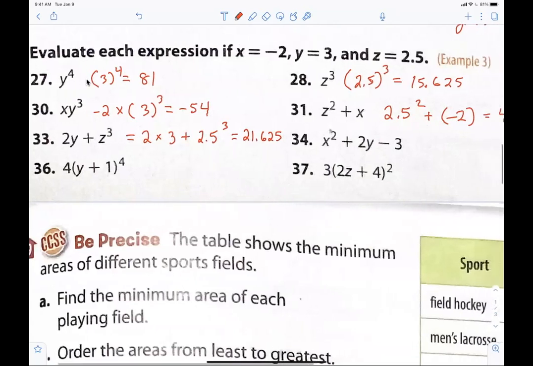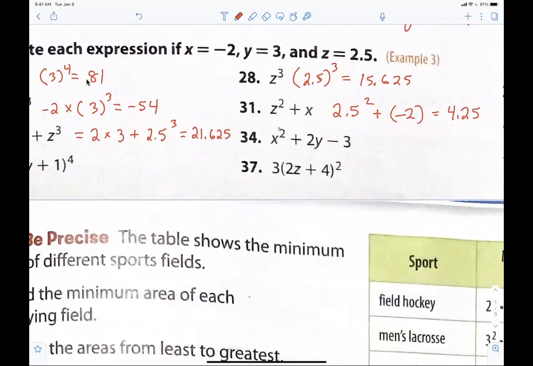Mackenzie. So -2 to the second power, plus 2 times 3, minus 3.